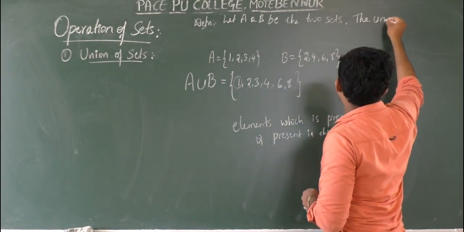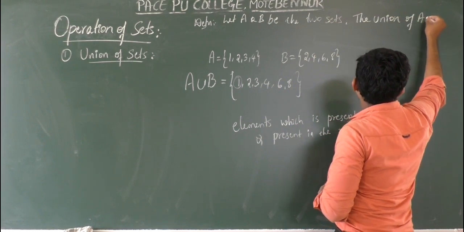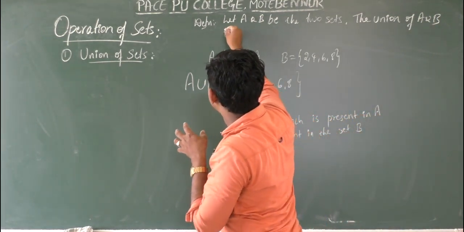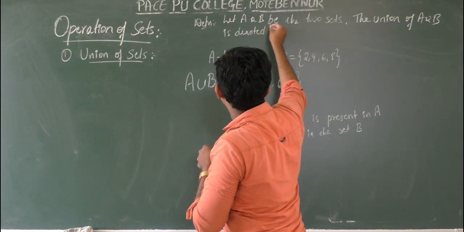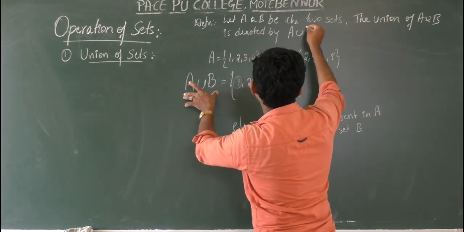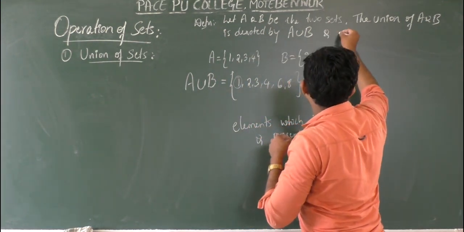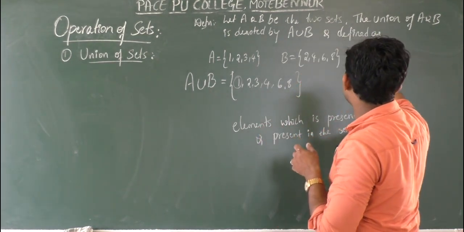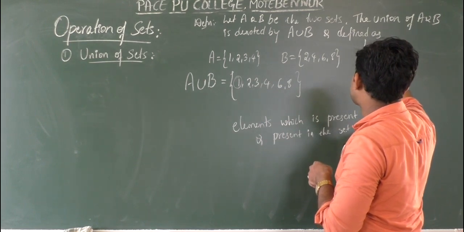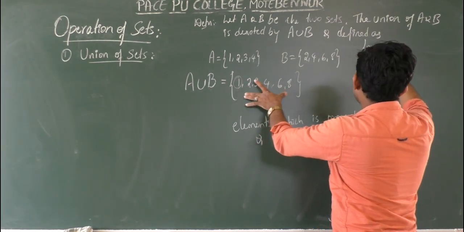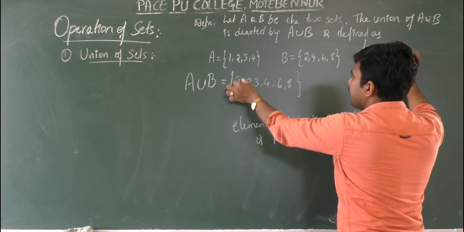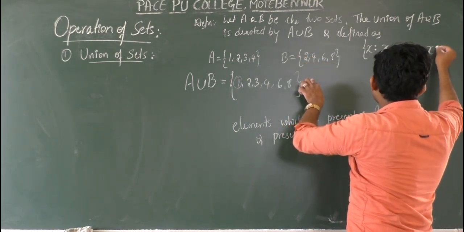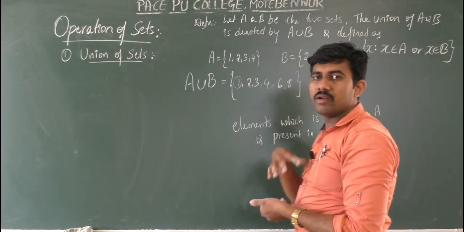The union of A and B is a set, denoted by A union B, and is defined, I'll define this by set builder form, as set of all x, where x is either in A or in B. The element which is either in A or in B, or in both.